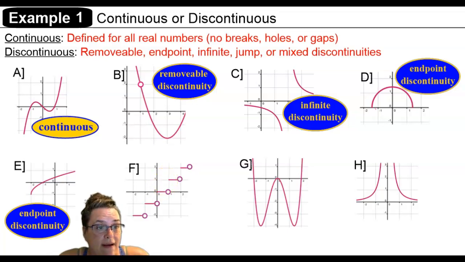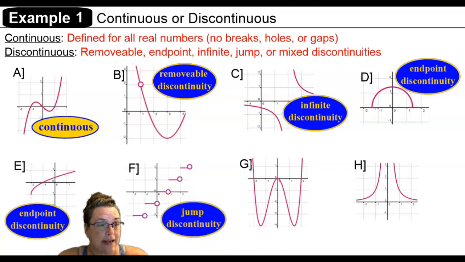The floor of 0.9999 is also 0. But the floor of 1 is 1. And so there's a closed circle up here at (1, 1), which means (1, 0) has to be open. And that's how we get this pattern of horizontal line segments that have closed circles on the left side and open circles on the right side. That would be an example of a jump discontinuity.